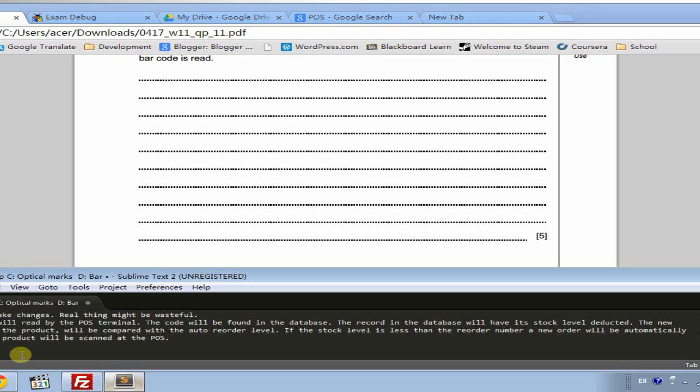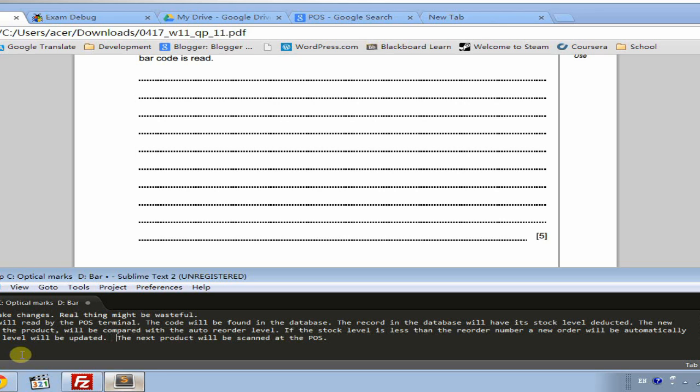Oh, and I forgot one thing. If I deducted the Coca-Cola and a reorder has been sent, the next time Coca-Cola comes through, we don't want a second order to be sent. So we want the stock level to be updated.